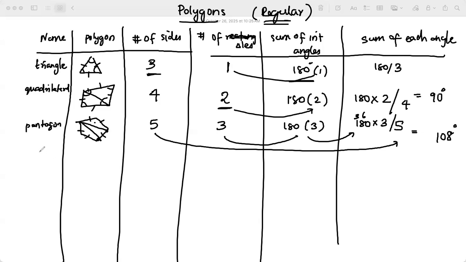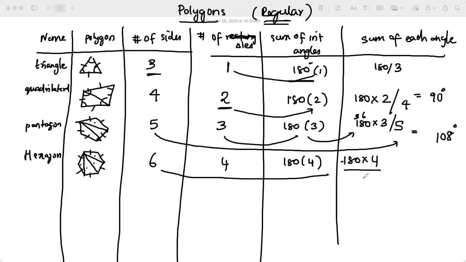Okay. Let's see. Hexagon. 6 sides. 6 sides are there, but how many triangles? 4. 4, correct. So it's also following a pattern. Sum of the interior angles is 180, 180, 180, 180, right? So sum of each angle is 180 times 4 divided by 6.